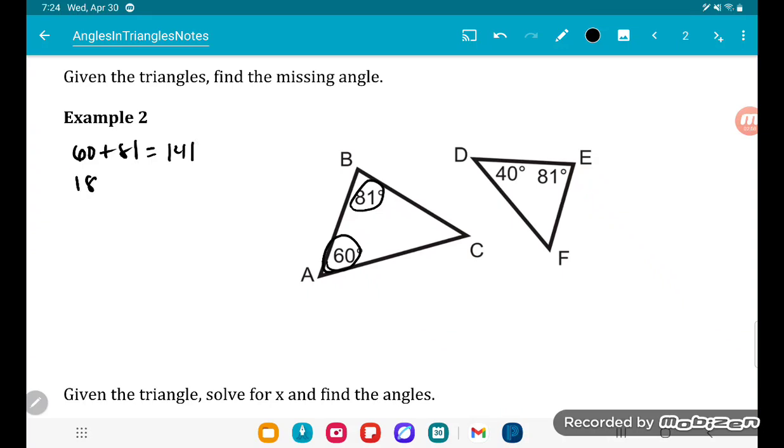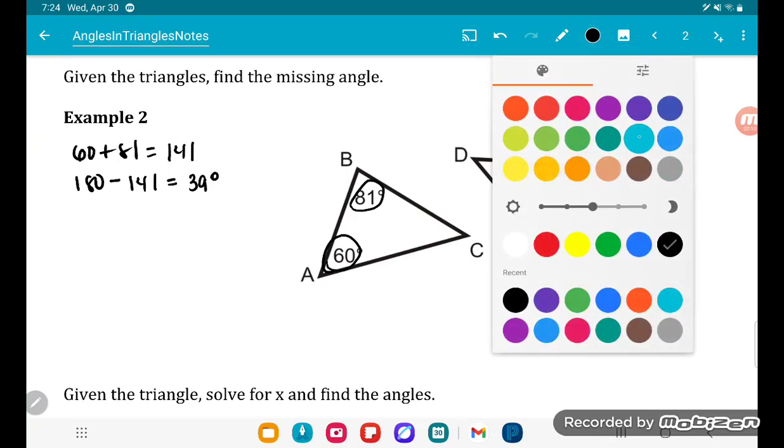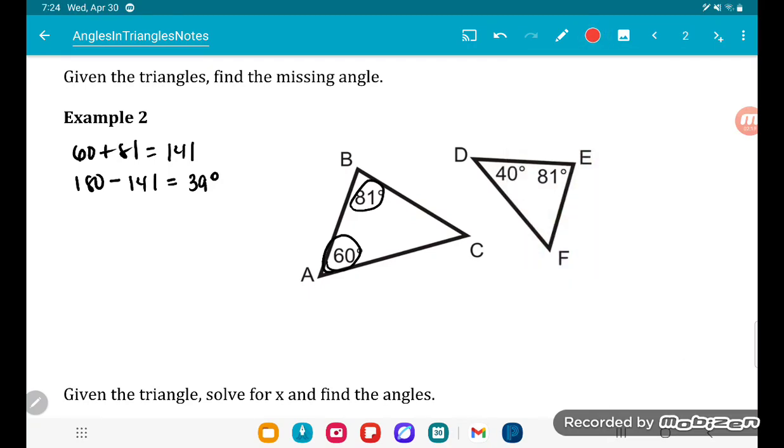Remember, a triangle has to add to equal 180 degrees. So once we add those 2 angles, which equals 141, we're going to subtract from 180, and you're going to get 39 degrees. A second way to solve this is to take 180, subtract 81, subtract 60, and you'll still get 39 degrees.